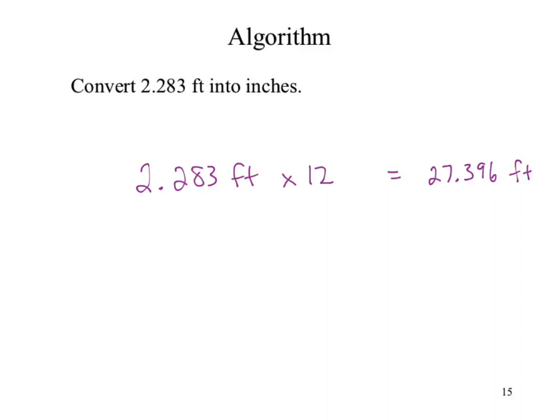Which you probably have. What I want you to think about when you do conversions is not just, well, I multiply by 12, but what else is associated with it that allows you to make this transition correctly to 27.396 inches. What is missing from your calculation?